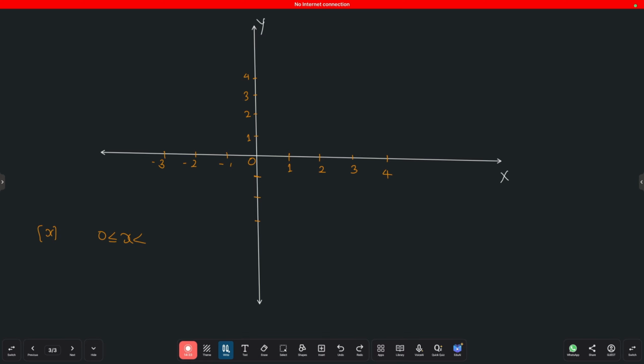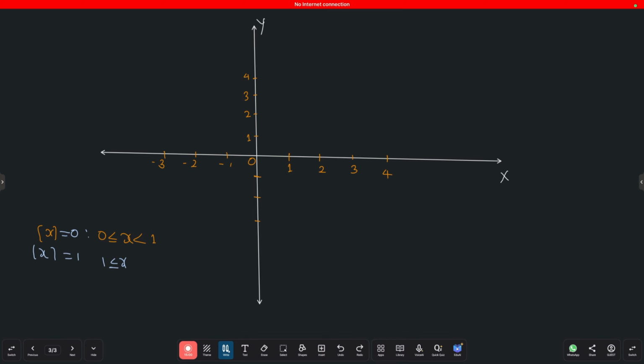Now, students, whenever the input value is greater than or equal to 0 but less than 1, what is the answer? Whenever the input value is greater than or equal to 0 but exactly less than 1, the answer is always going to be 0. You can think, if you put 0, the answer is 0. 0.5, 0. 0.6, 0. 0.99, 0. But whenever the input is exactly 1, then the answer is 1.